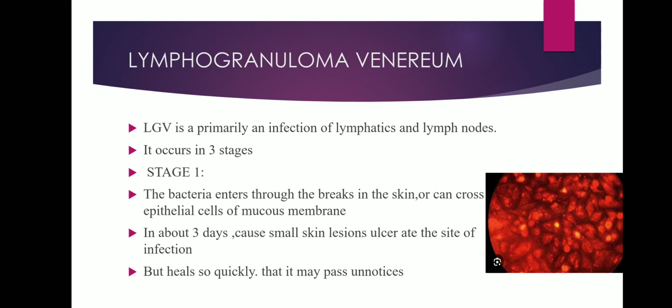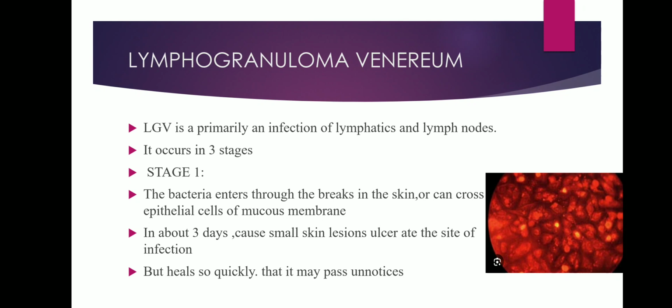LGV. LGV is primarily an infection which starts at the lymphatics and lymph nodes. In lymphogranuloma venereum, there are three stages. In stage 1, the bacteria enter through breaks in the skin or cross the epithelial cells of the mucous membrane.